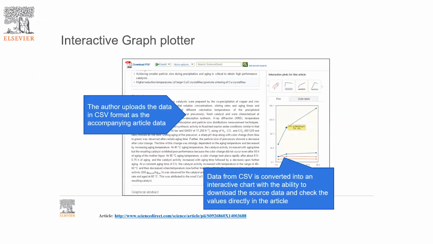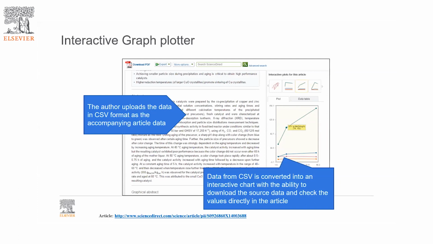For example, the author uploads the data in CSV format with the article, and this data is automatically converted into an interactive chart with the ability to show, download source data and check values directly in the article.